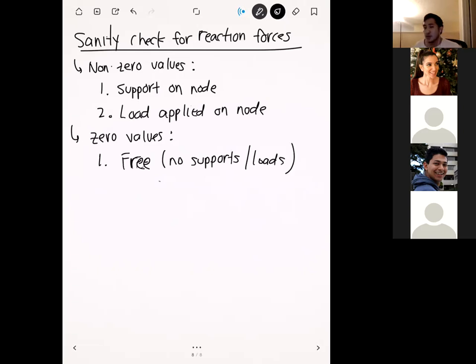Okay. And so if you don't have a support and you don't have a load, then you should get a zero reaction force at those nodes. Okay. Any questions on this before we do another example?